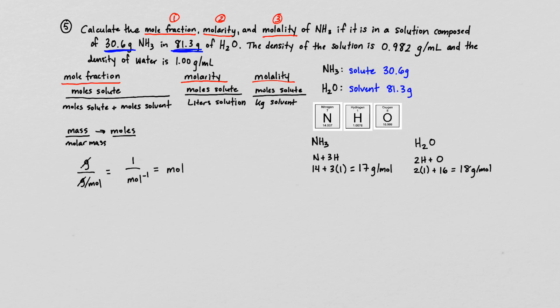That comes from the mathematics. If you have 1 over x, this is equal to x to the -1. Or if you have 1 over x to the -1, this is equal to x. So when you flip whatever's on the bottom to the top, the exponent changes sign, right?